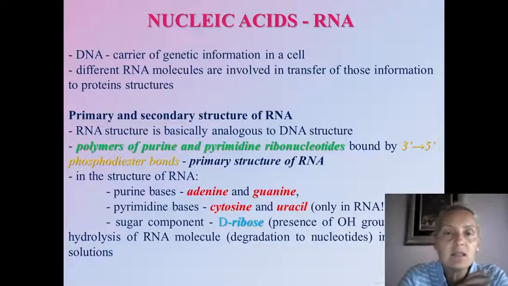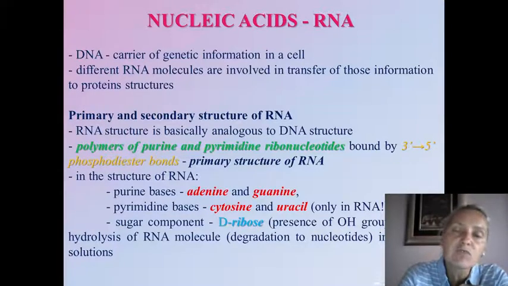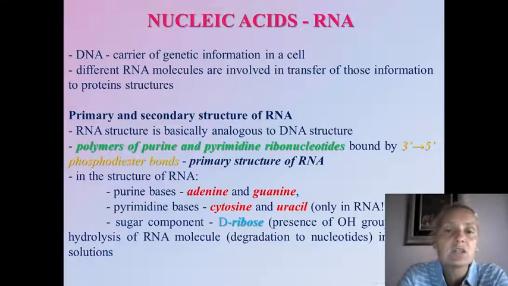And like in DNA, the ribonucleotides are attached to each other by the formation of 3', 5' phosphodiester bonds. This sequence of ribonucleotides in one polyribonucleotide chain describes the primary structure of RNA.